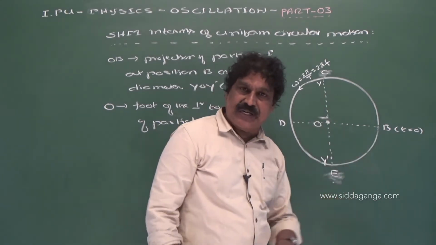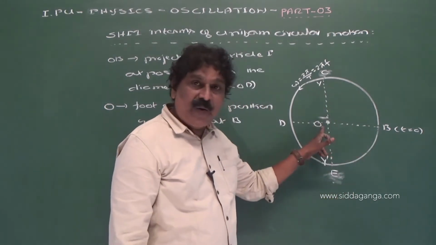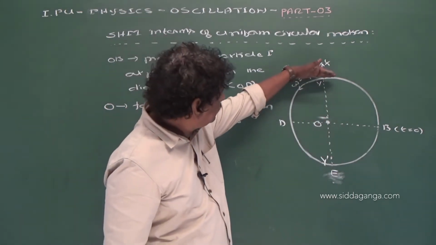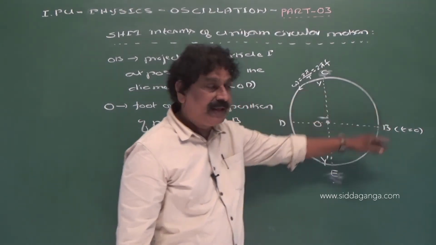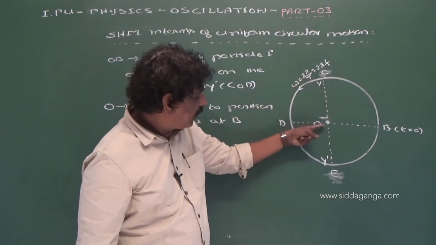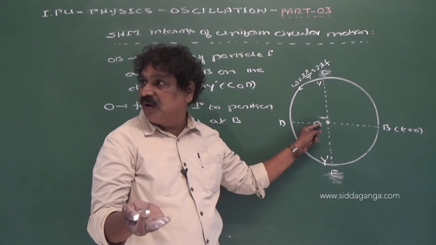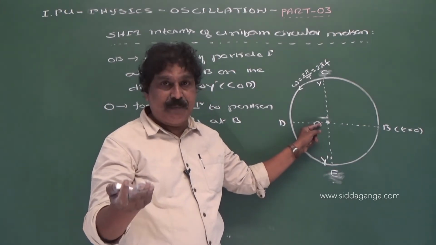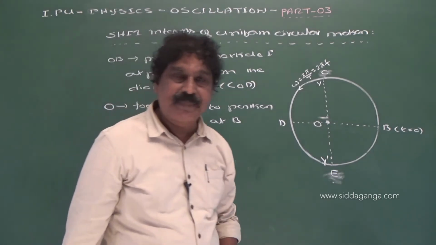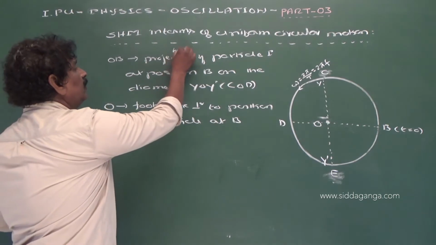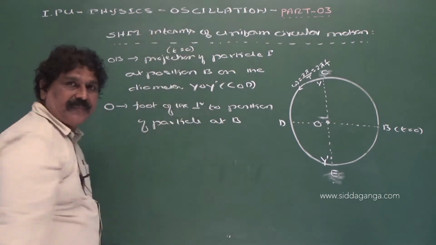OB is the projection and O is called foot of the perpendicular because this OB is perpendicular to YOY dash. Therefore, it is called foot of the perpendicular. Is that clear? This is when time t is equal to 0.